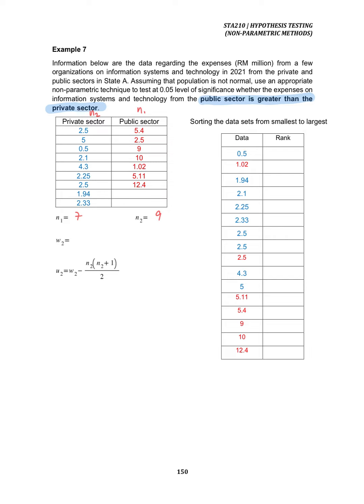So our next step is we have to give rank for the combination of N1 and N2. Okay, so saya dah sortkan dataset from smallest to largest. Now we can give the ranking to the data set.